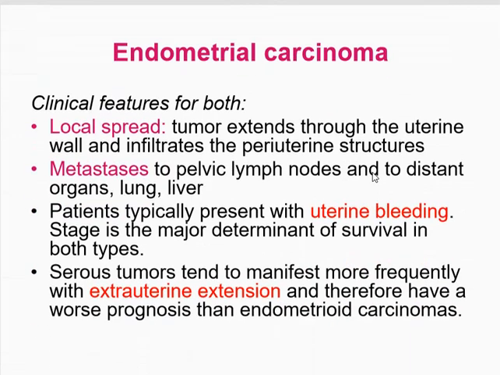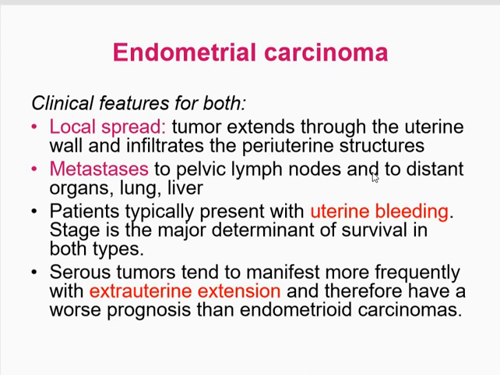Endometrial carcinoma spreads locally to the uterine cervix, periuterine structures, the parametrium, and it gives metastasis to pelvic lymph nodes or distant organs. Hematogenous metastases develop in the lung and liver.